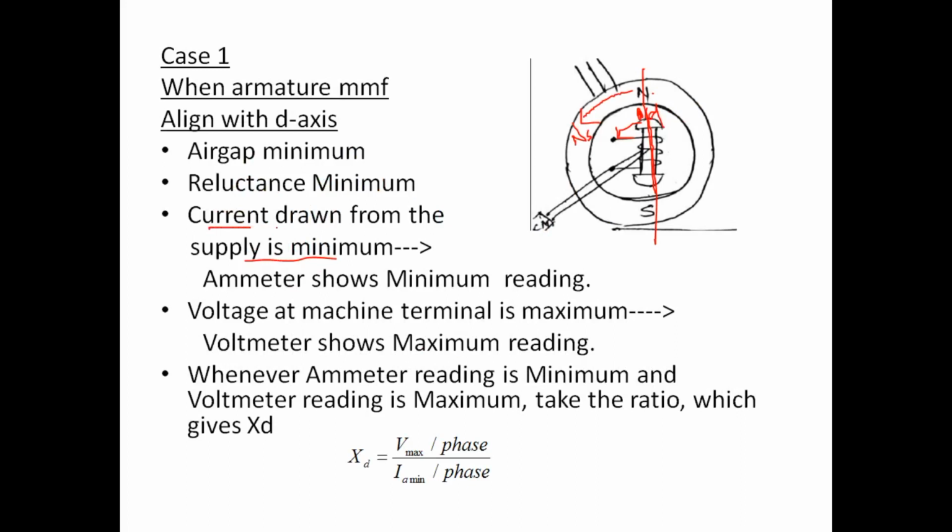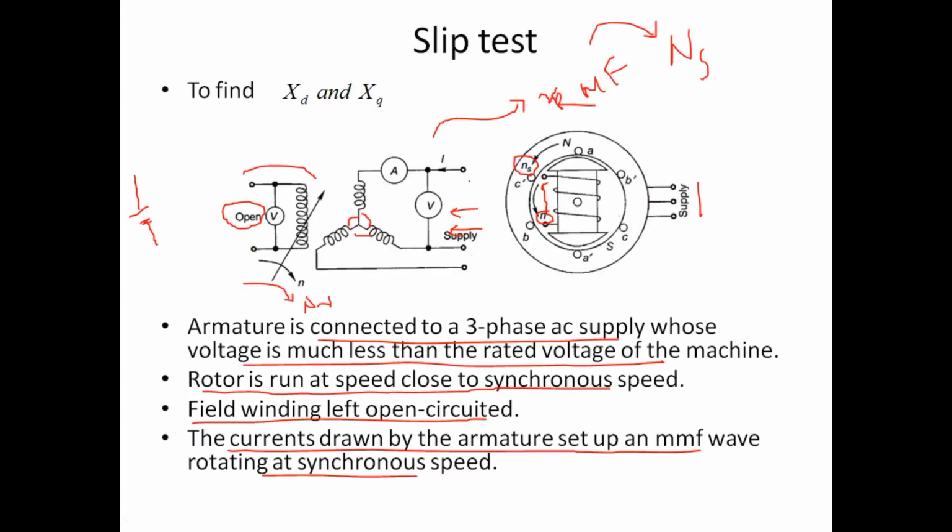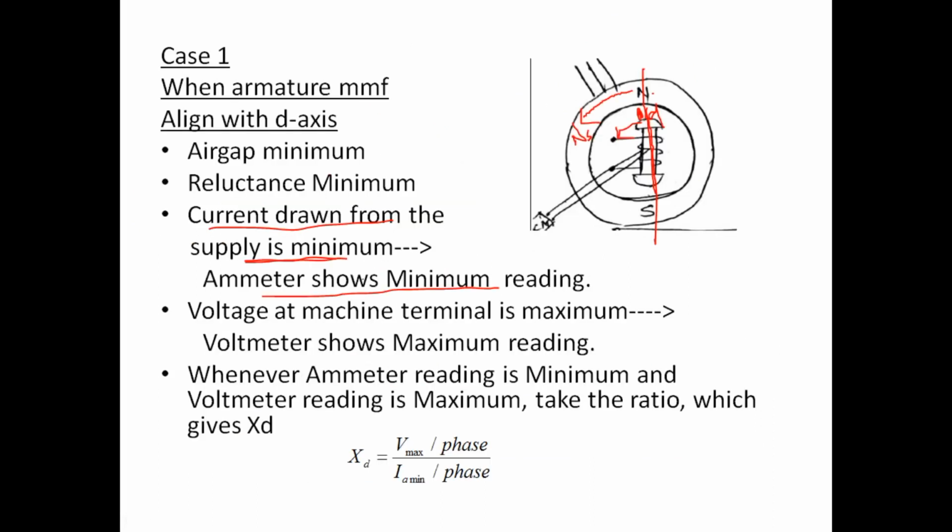Current drawn from the supply, that is the armature current, will be minimum here, and the ammeter shows the minimum reading. You can see an ammeter in the armature circuit showing a minimum reading in case 1, and the voltage at the machine terminal will be maximum.